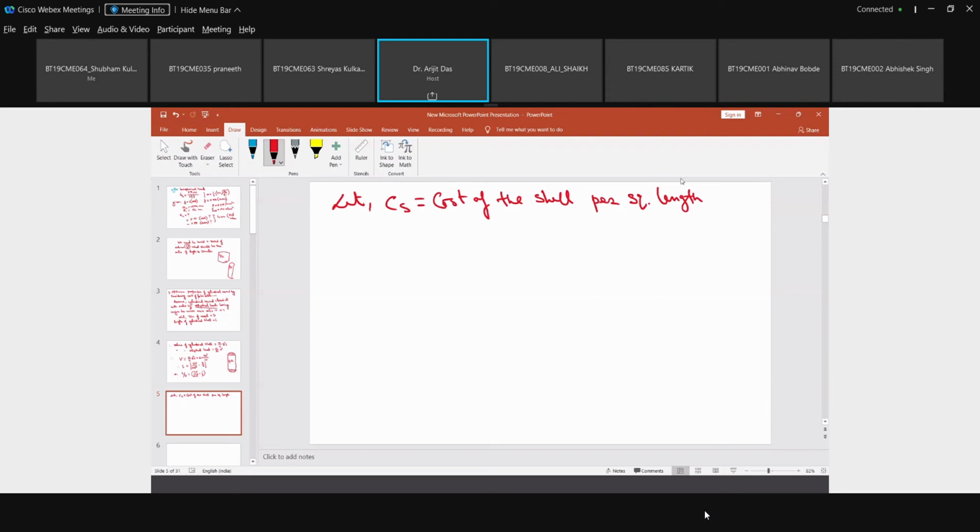And suppose the head costing should be more than the shell construction cost. So the cost of the head per square meter we consider is 1.5 times the shell fabrication cost. It is an arbitrary value; it may be 2 times, 4 times, any fraction, but more than the cost of the shell construction.